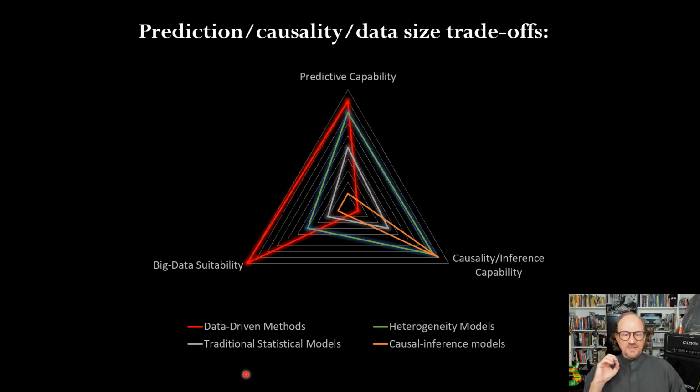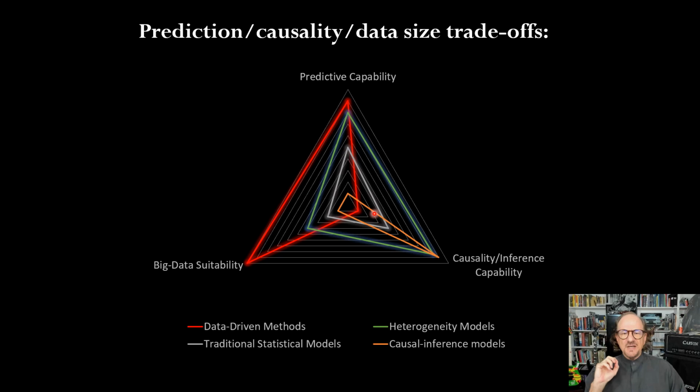When we look at traditional safety models, they have a little bit of predictive capability, not much big data suitability, and they uncover some causality. The causal inference models, which are again mostly in the economic fields, have limited predictive capability because they do not deal with the micro level data that we need to make predictions in transportation contexts. They have very limited big data suitability, but in very controlled circumstances, they are very effective at uncovering causality.